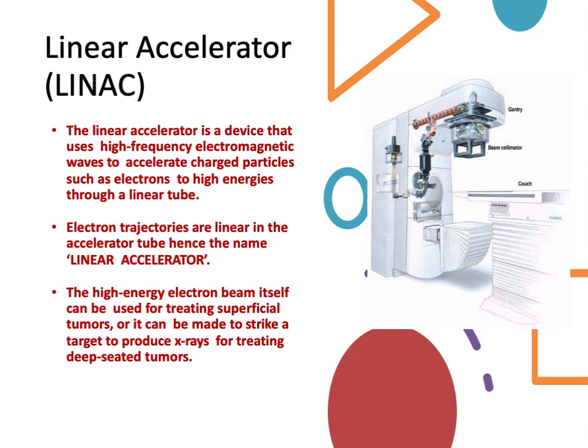The high energy electron beam itself can be used for treating superficial tumors, and it can also be made to strike a target to produce X-rays for treating deep-seated tumors. That is the maximum utilization of linear accelerators. So we treat cancer patients by using linear accelerators.